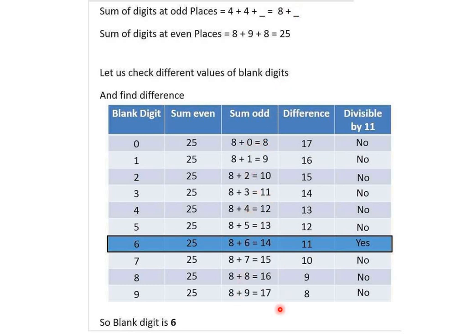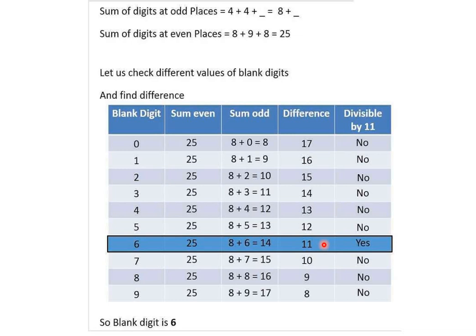So let's add it. After adding we got these answers 8, 9, 10, 11, 12 and so on. From 25 we have to subtract these. Whatever answer we get, it must be either 0 or a multiple of 11. So here 17 is not 0, 16 is not 0, neither are they multiples of 11. So we have to reach till we get a multiple of 11 or 0.